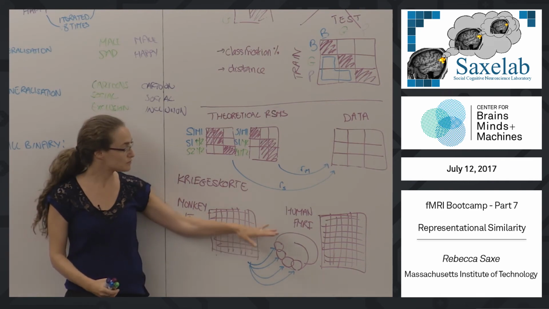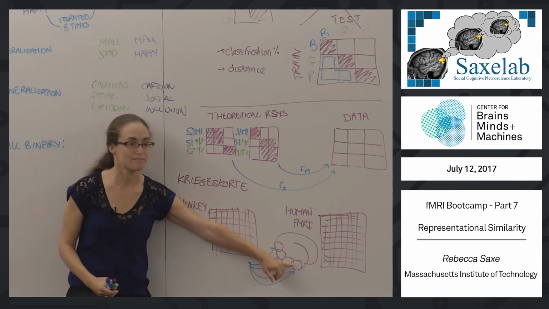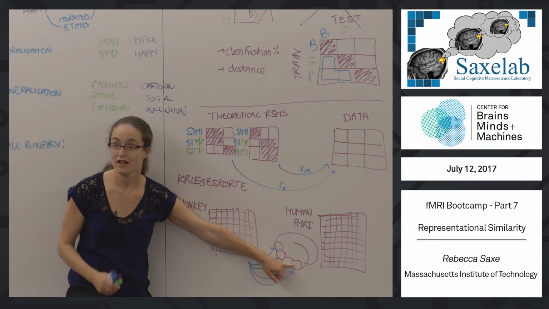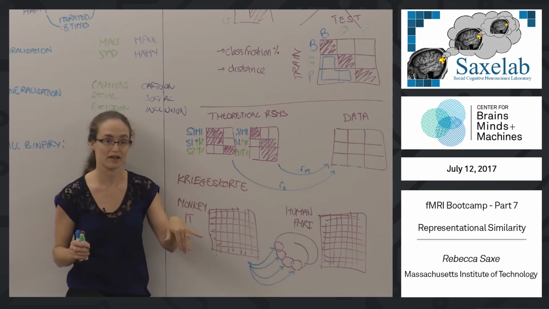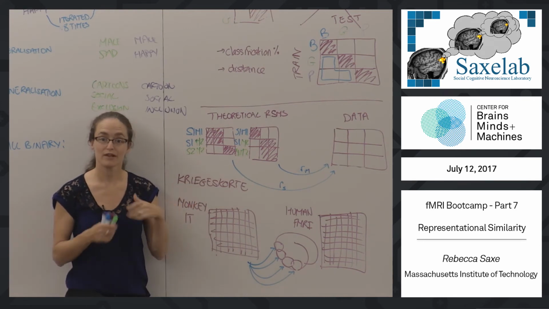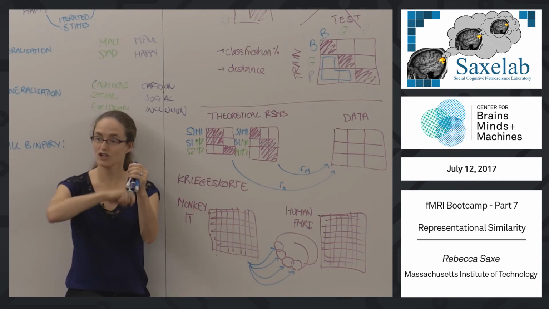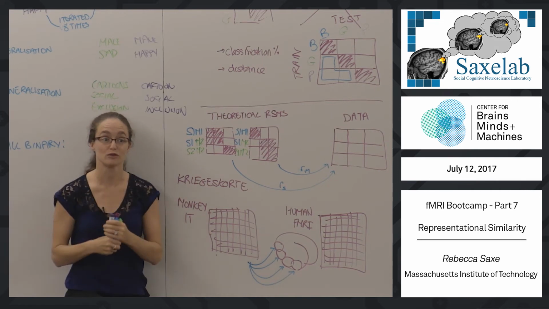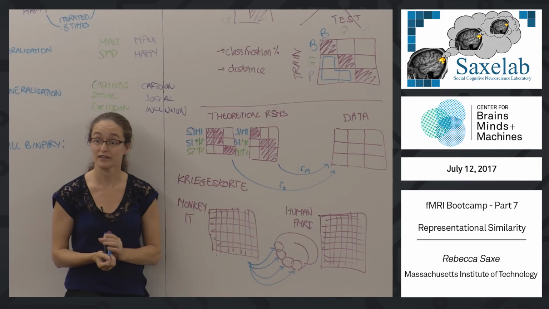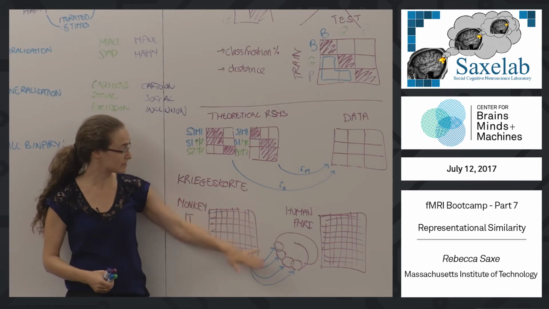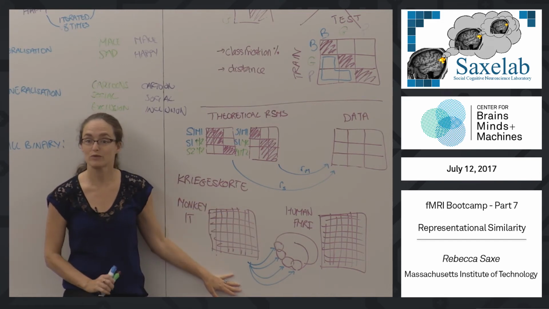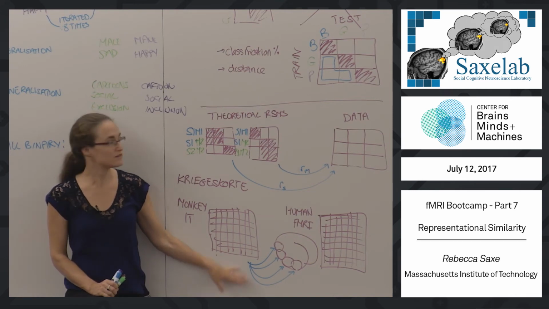And so that could give you this case where many different brain regions would have enough information to classify this image as opposed to all the others above chance. But in those cases, the structure of the similarities, which other images it's more or less similar to, could be diagnostic of various things. So what this example is, it could be diagnostic of which brain region is more similar to monkey IT.